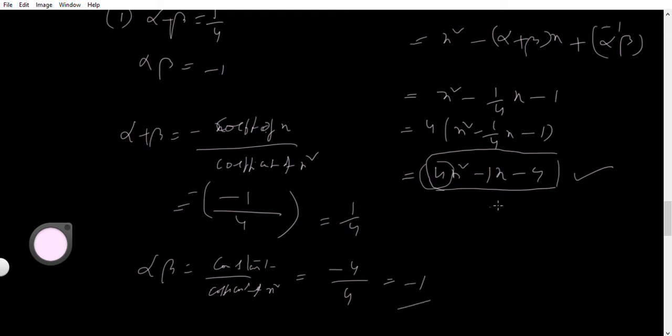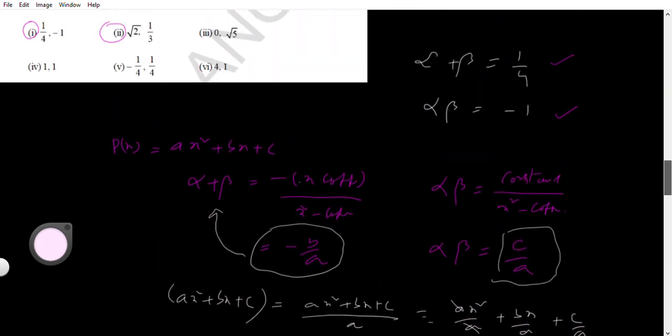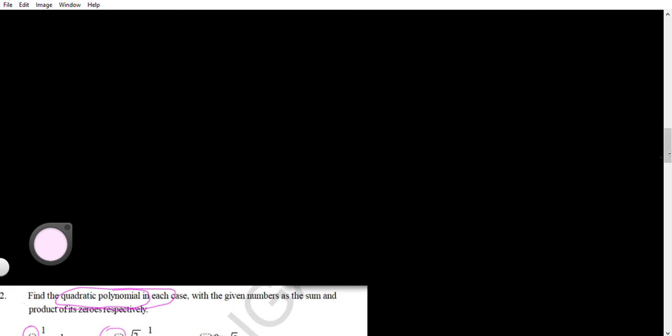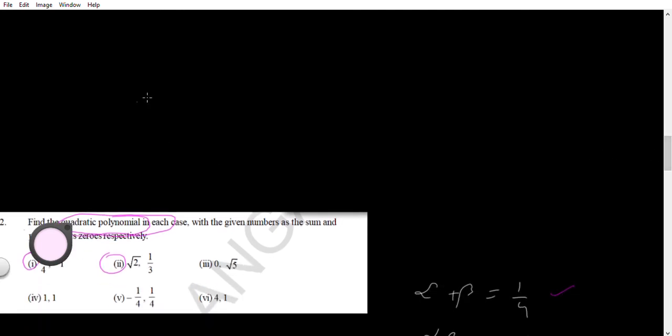Totally, I am trying to explain that with the help of the sum of zeros and product of zeros, we can write a quadratic polynomial. Here we always write it as x square minus alpha plus beta times x plus alpha beta. This is very important. We have to use this formula if you have the sum of zeros and product of zeros.